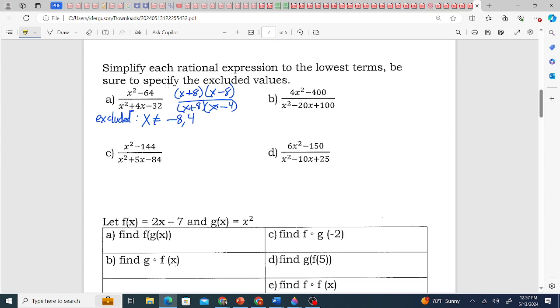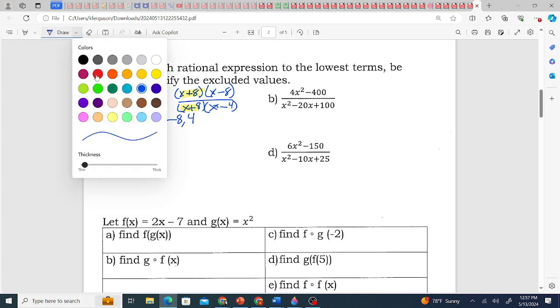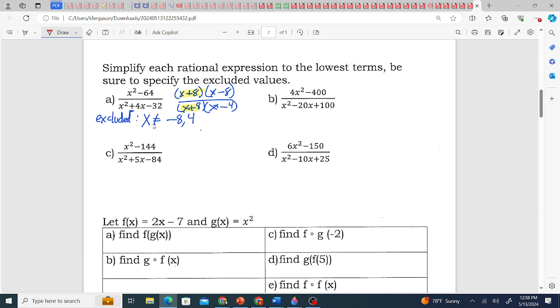So finally I can reduce, because I've got x plus 8 on the top and x plus 8 on the bottom. My final answer would be x cannot equal negative 8 and positive 4, but it's x minus 8 over x minus 4.